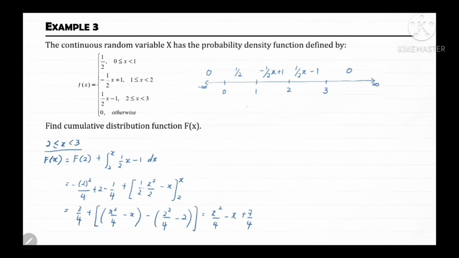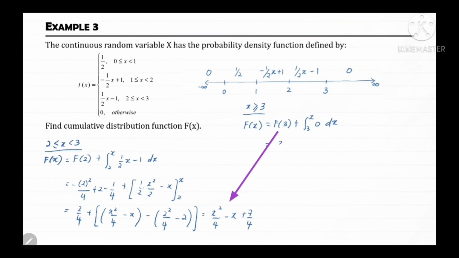And the last interval is x greater than or equal to 3. The function is F(x) equal to F(3) plus 3 to x of 0 dx.